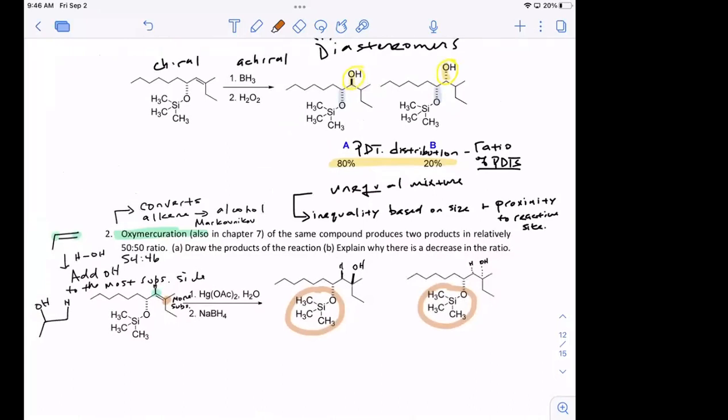Go ahead. I was going to say that the H and the OH are like diastereomers. Well, it's still diastereomers, but look at where the OH is in the first product relative to the chiral center that's already there. And then look at where it is in this product. What's the difference?